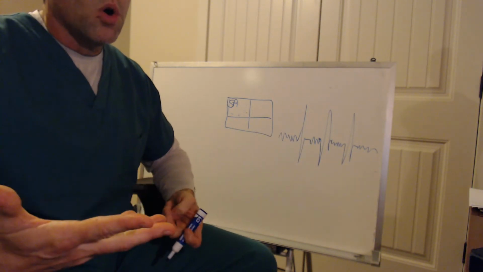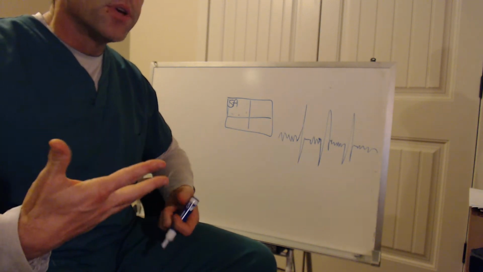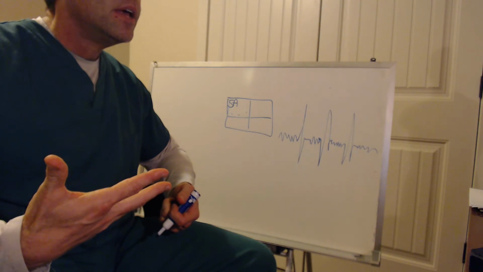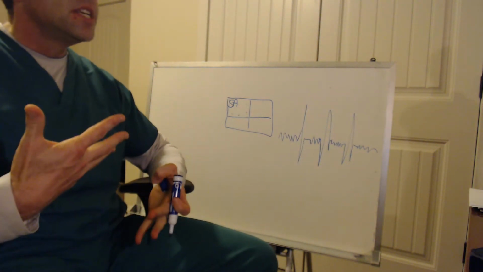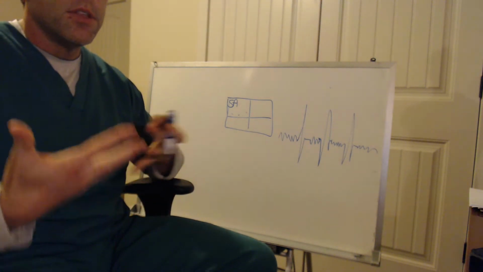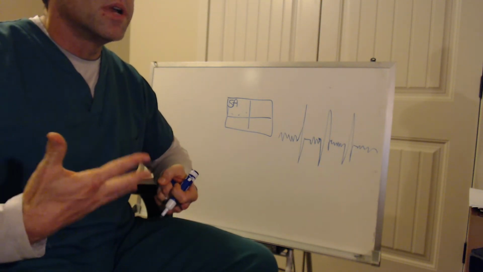You lose what's called the atrial kick. The atria supply about 15% of the total cardiac output. And without that 15%, the person doesn't have the normal stamina, the normal endurance that they would have.